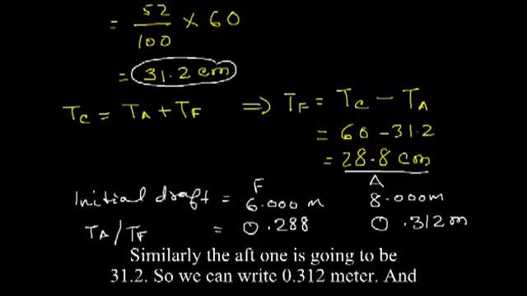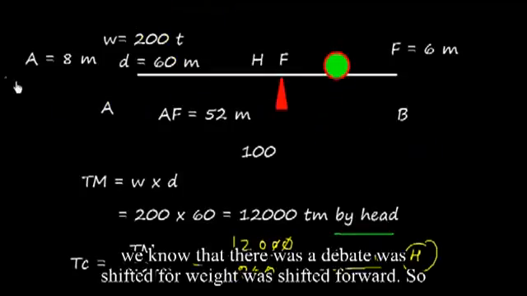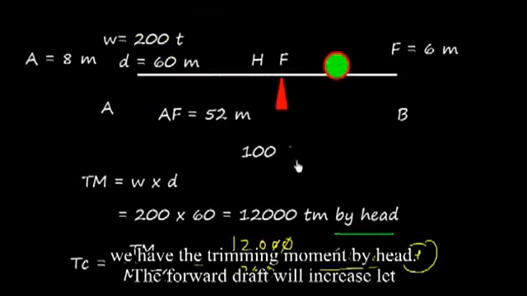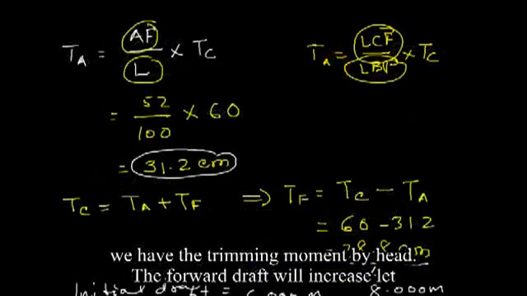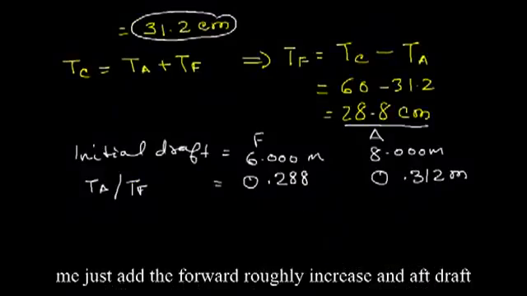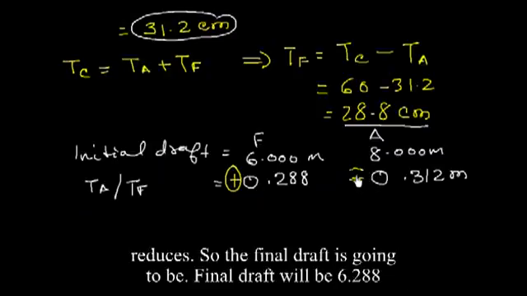And we know that the weight was shifted forward, so we have the trimming moment by head. Hence the forward draft will increase and aft draft will reduce.